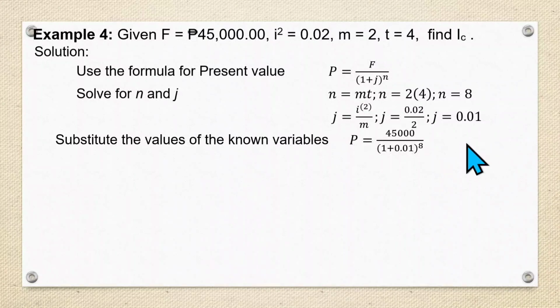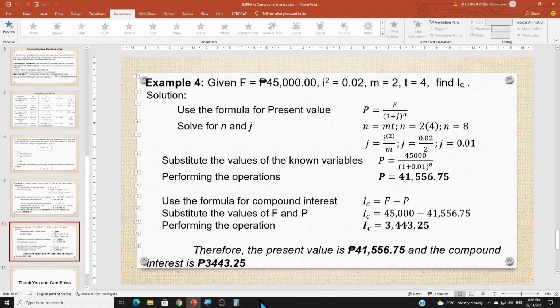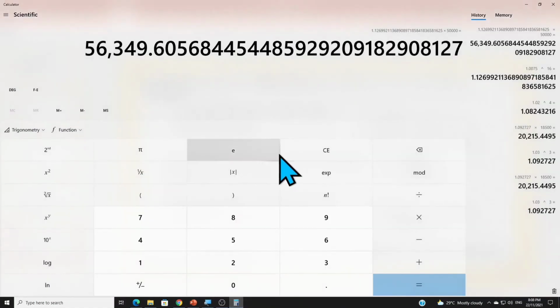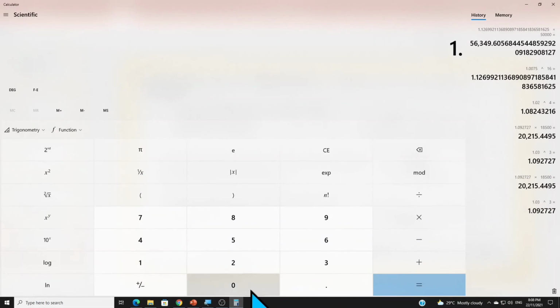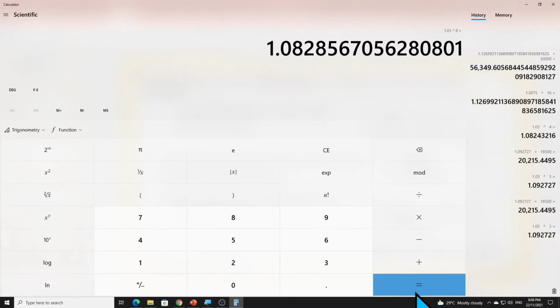And then substitute the values of the known variables. So 45,000 divided by (1 plus 0.01) raised to 8. Okay, again, we're going to use a calculator in computing this exponential. So 1.01. Use again the function of x raised to y, which is the 8. And then we will have 1.083 and so on.